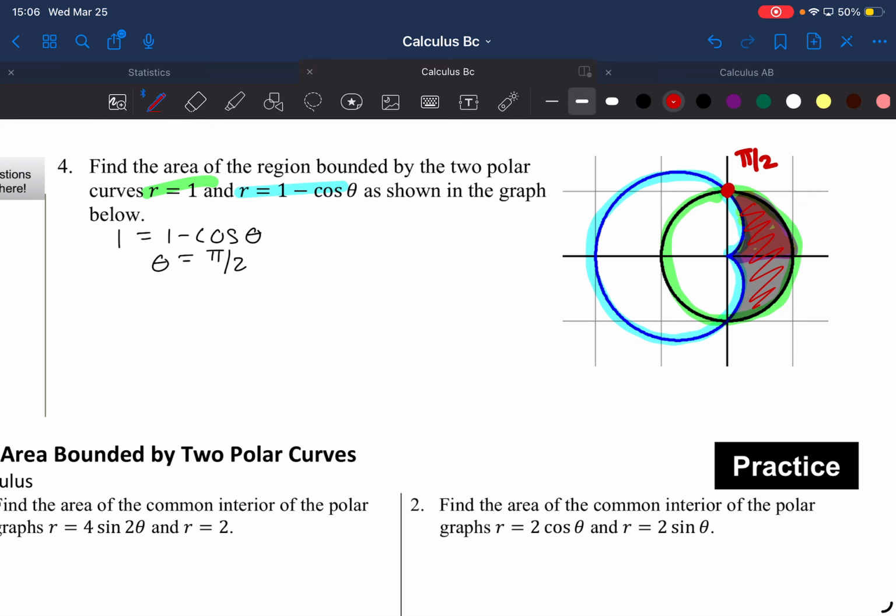Okay. And then since we are going to be starting and going this way, that starting value right there on the unit circle would be 0. Okay, which means we are using the bound 0 to pi halves.